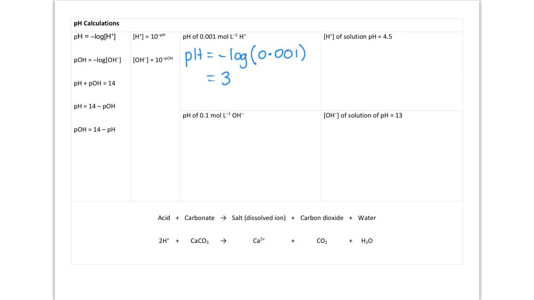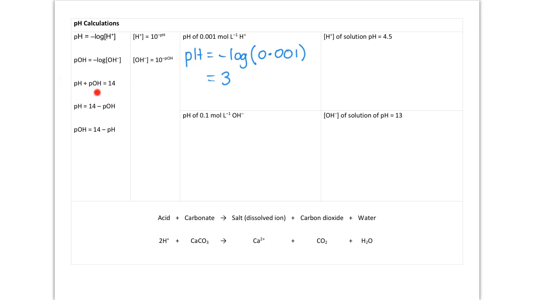If we want to work out the pH of a base, a hydroxide solution, it gets a little bit more complex. Firstly, what we need to do is work out the pOH, which is equal to minus the log of the hydroxide ion concentration. And then this relationship here tells us the relationship between pH and pOH.